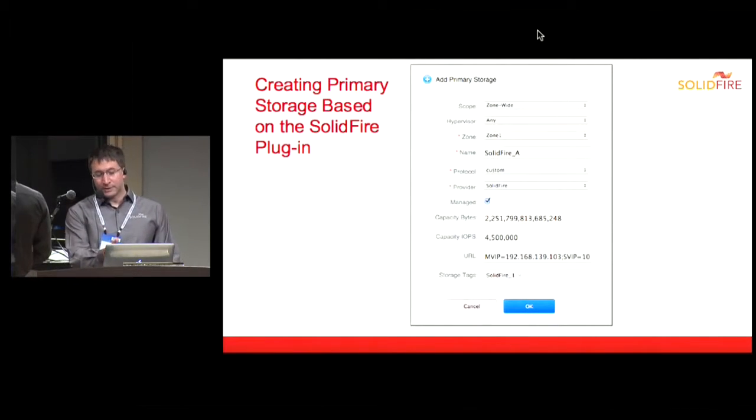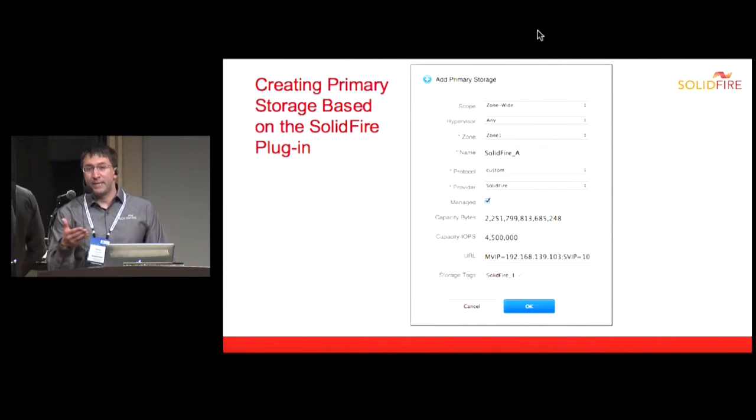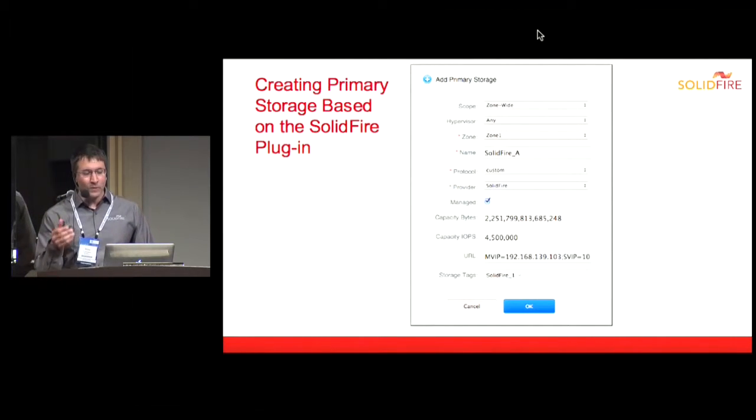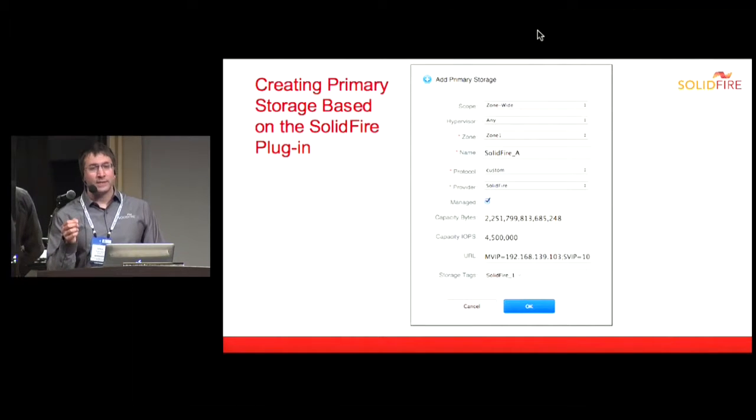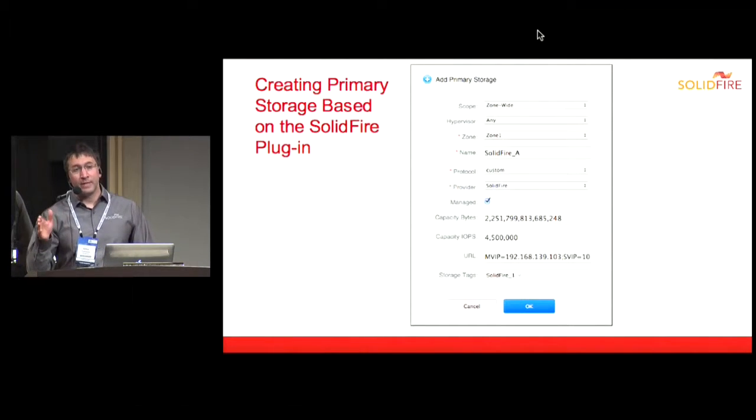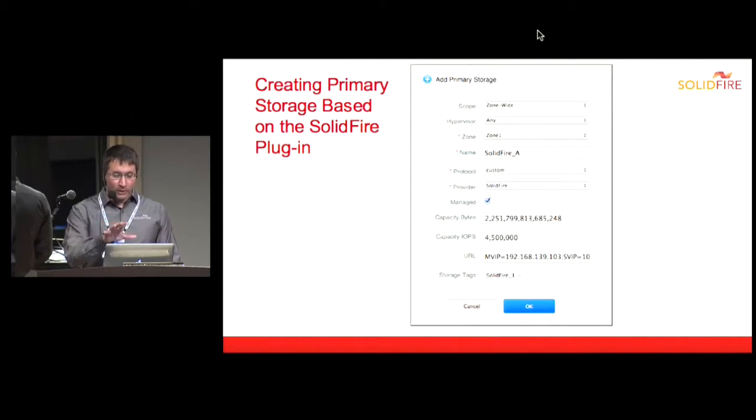It would use, for example, this MVIP, this management virtual IP address. It would use that IP address when the time came to talk to the back-end SAN and have it create a volume dynamically. So we've got all of this filled out.